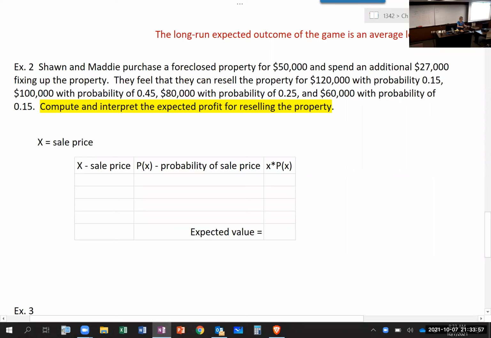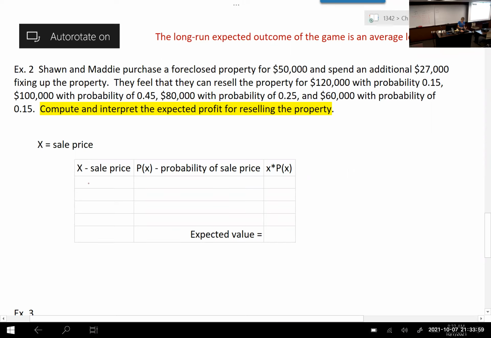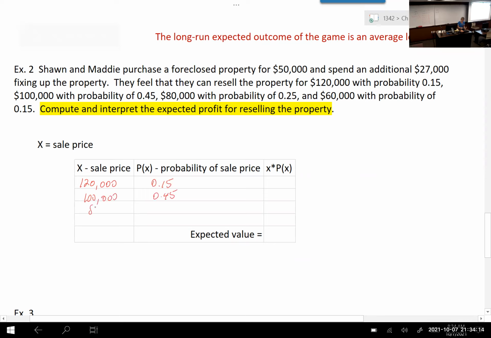Okay, so when I think about the sales price, I have $120,000 at 0.15, $100,000 at 0.45, 80 at 0.25, 60 at 0.15.